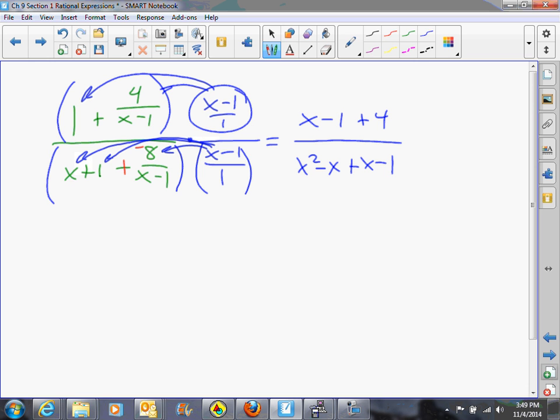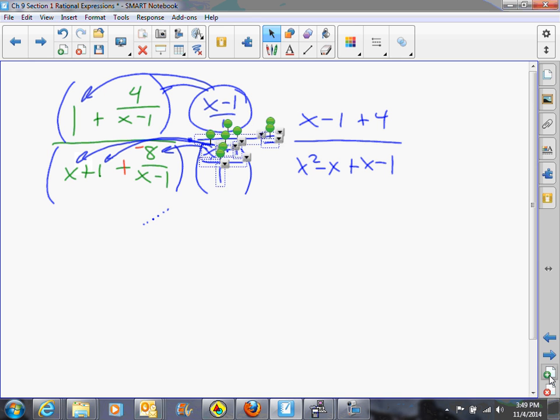Again here, you should be able to see that the x minus 1s will cross cancel on this part. So the x minus 1s will cancel, and we're left with minus 8.